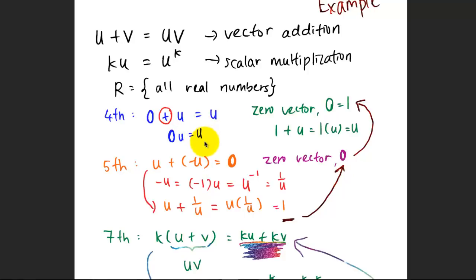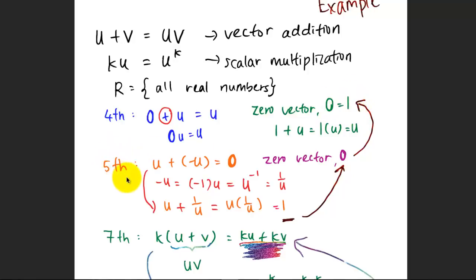So in order to get back the u, the zero vector here must be 1. So your zero vector will be 1, such that 1 plus u will be 1 multiplied with u, and you get the original member u back. So the zero vector is not necessarily equal to 0. It can be any other number. In this case, the zero vector is 1.